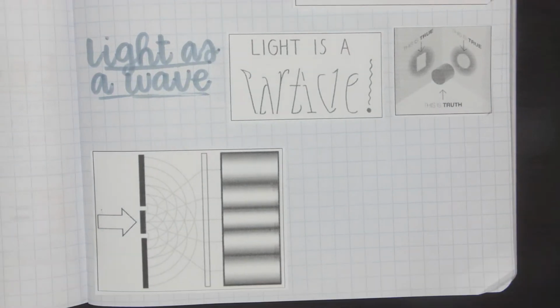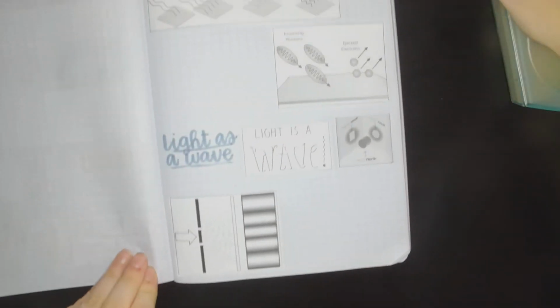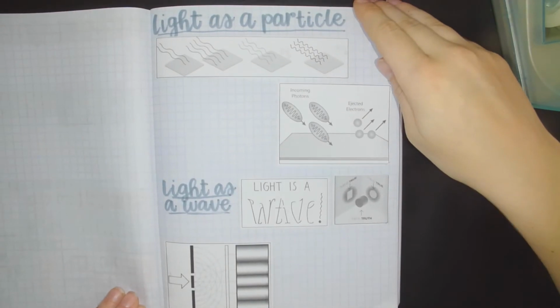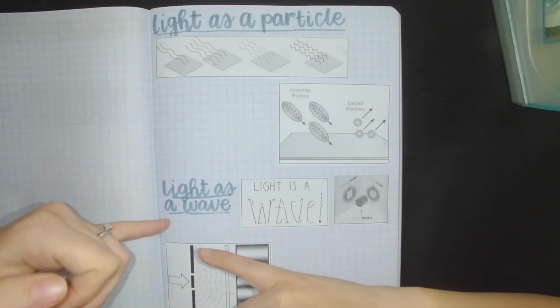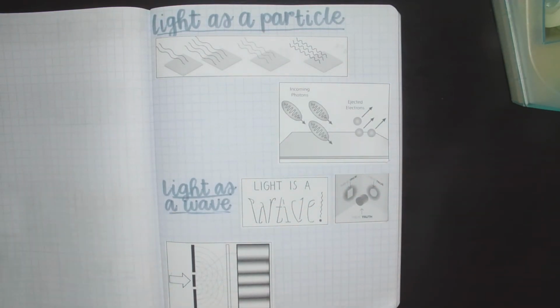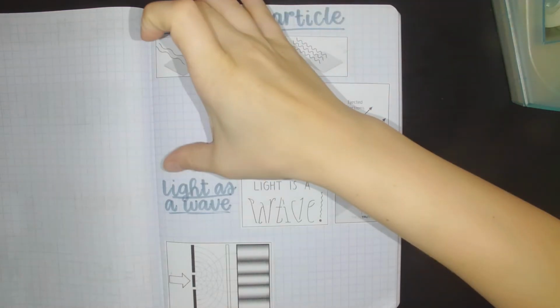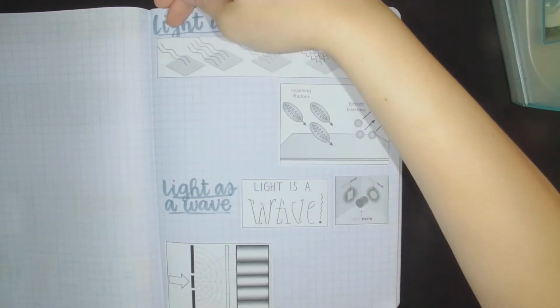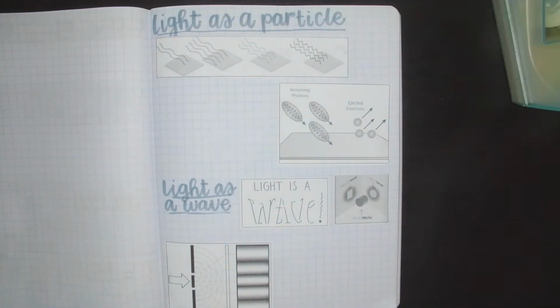So here's the whole page zoomed out. Light as a particle, light as a wave, picture, picture, picture, picture, picture. So pause the video if you need some more time, and then we'll get going on this top part and how light sometimes behaves as a particle.